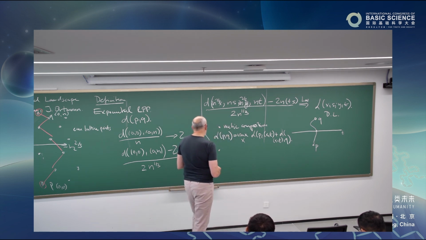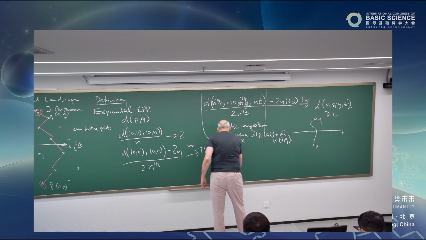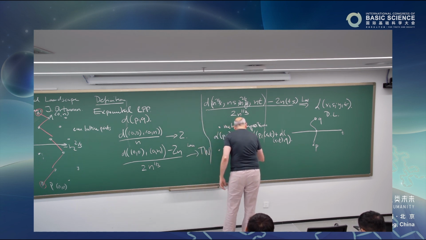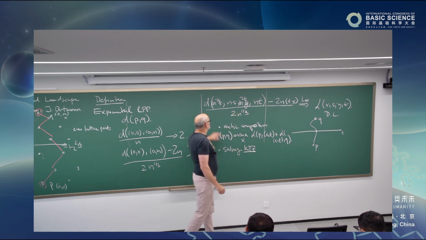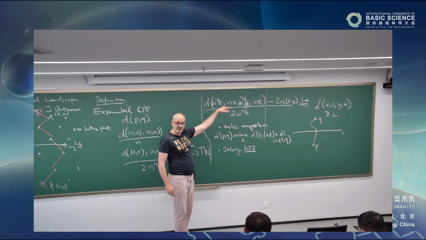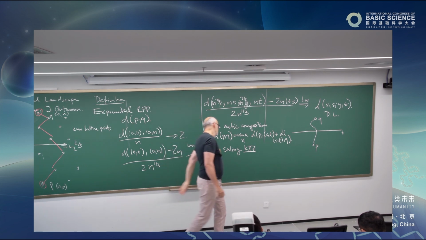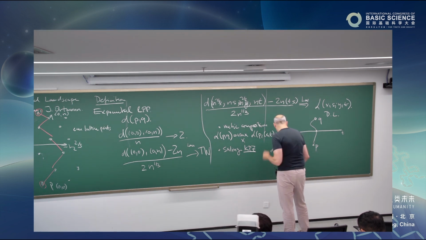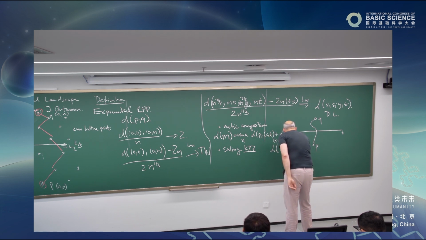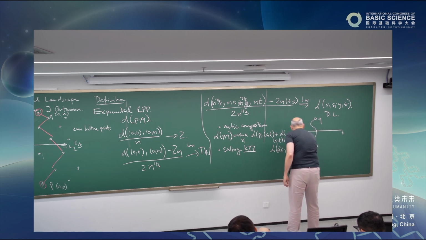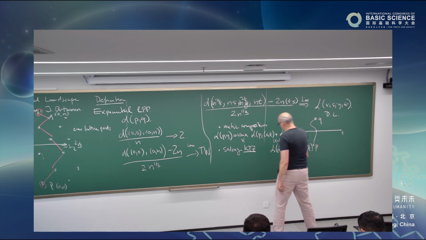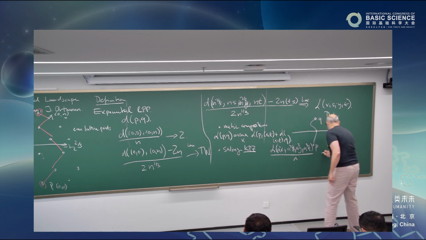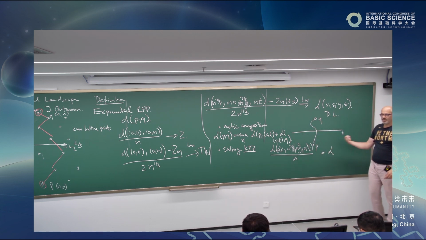Some other properties. One of them is scaling. This is called the KPZ scaling. That just comes from the fact of how we got this as a limit. These kinds of scaling limits always have to be scale invariant. The scale invariance is the following thing. If I look at L of a^3 t, a^3 s, and a^2 x, a^2 y, and then you divide by a, then it has the same law as L, as a function of x, y.